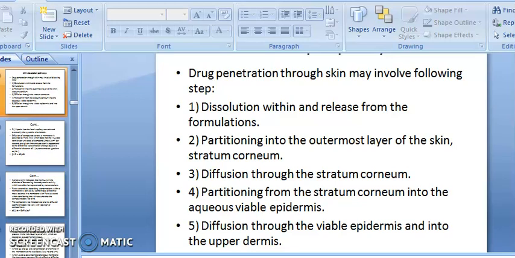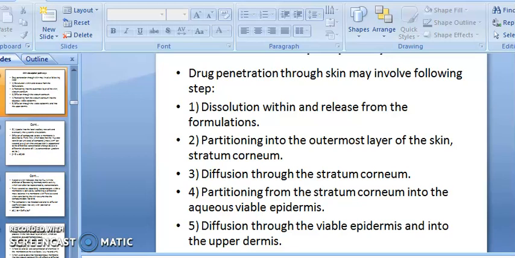Diffusion through the stratum corneum takes place at the stratum corneum level. Then partitioning from the stratum corneum into the aqueous viable epidermis. Then diffusion through the viable epidermis and into the upper dermis.